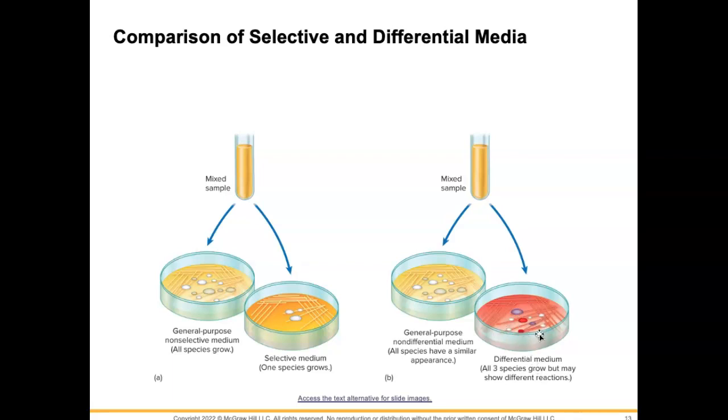It will display differences in personality, if you will, of that microbe on that plate. So we're able to distinguish between two plates. Maybe we're able to come to a specific culprit that is causing the infection.